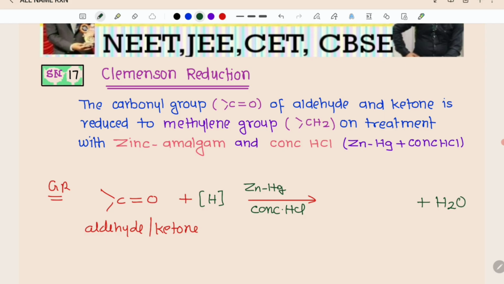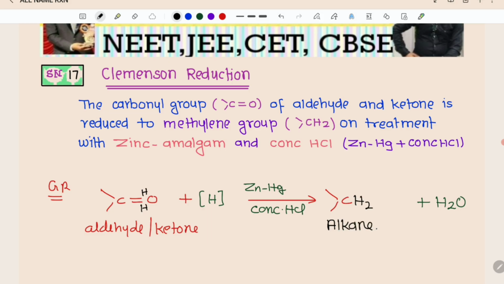Here we get C, and since the valency of oxygen is 2, two hydrogen atoms are attached, one from this side and another from this side, so we get CH2, that is the methylene group, and the compound formed in this reaction is an alkane.